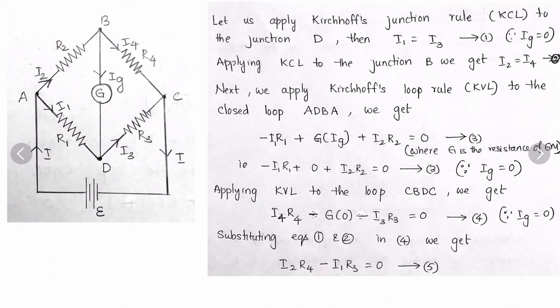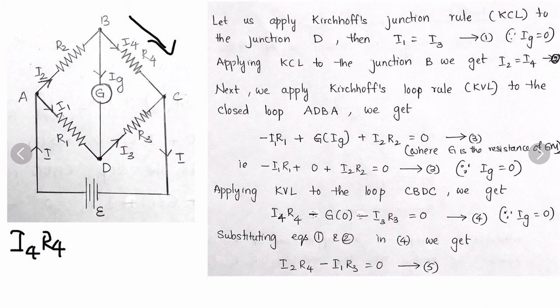You can take anything, that is your choice. I'm taking clockwise as positive. So I4 R4 is in the clockwise direction, so we will take it as positive. There are no EMFs, that means no batteries in this loop, so the sum of the products I4 R4 plus I3 R3 plus Ig into G is equal to 0.